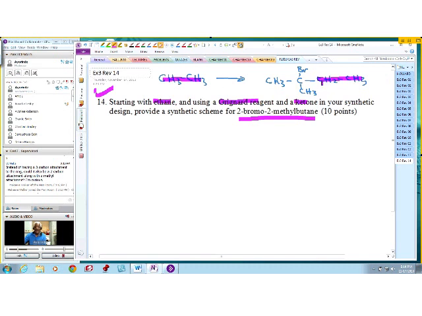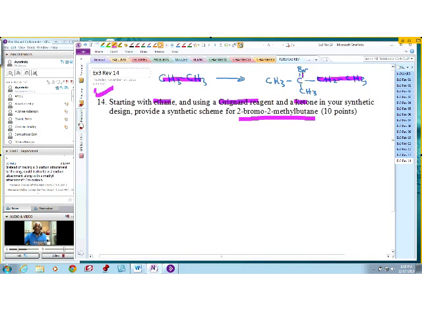And then we also ask ourselves, we want to make a tertiary alkyl bromide. There is no way we know right away to make a tertiary alkyl bromide using a Grignard. However, we do know that we could make a tertiary alkyl bromide from an alcohol.